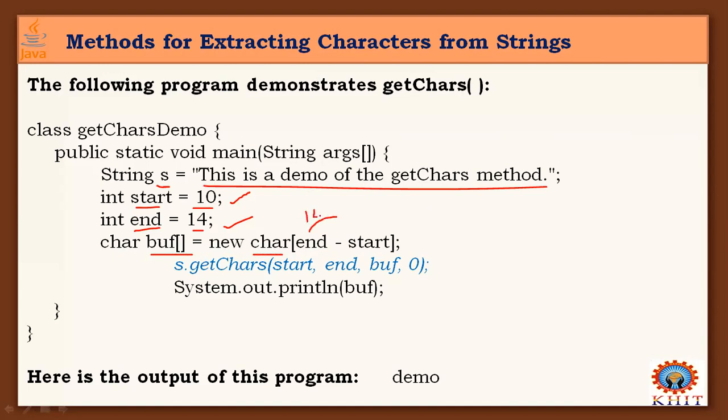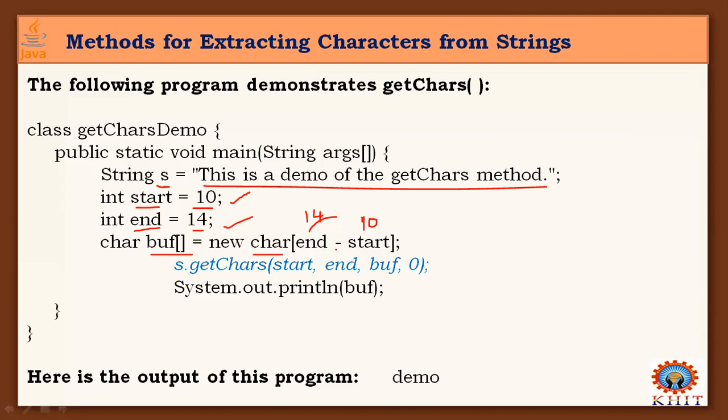What is the end value we have given? 14, and the start index value is 10. When we subtract, it is 4. So the size of this buffer array is 4, so 4 characters are going to be extracted.